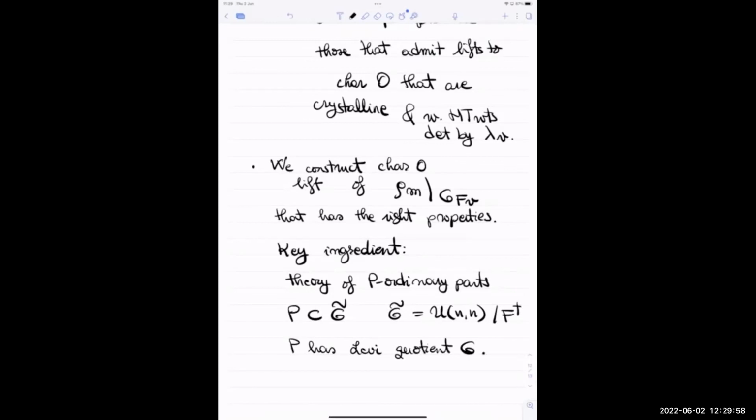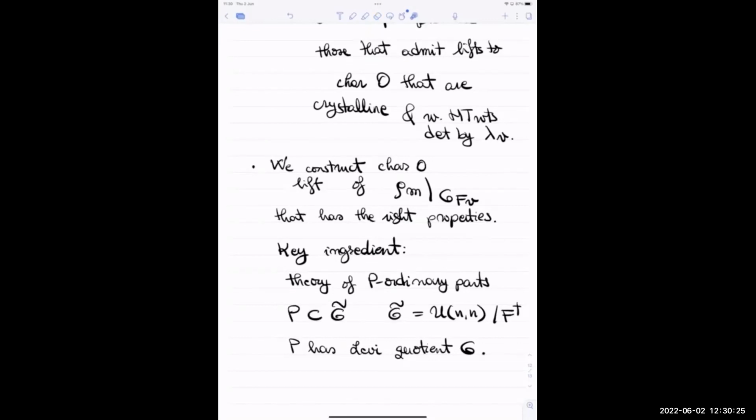And so the idea, in constructing the Galois representations to begin with, is to look at the locally symmetric space for G and see that it contributes to the cohomology of the locally symmetric space for P, which in turn shows up as a boundary component for the locally symmetric space for G tilde, which is actually a Shimura variety.